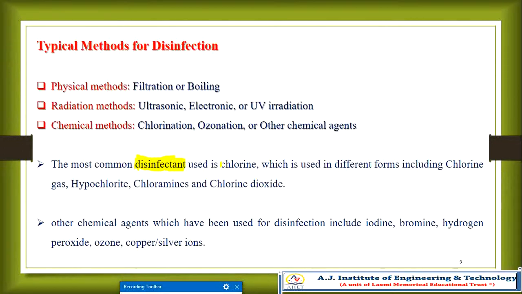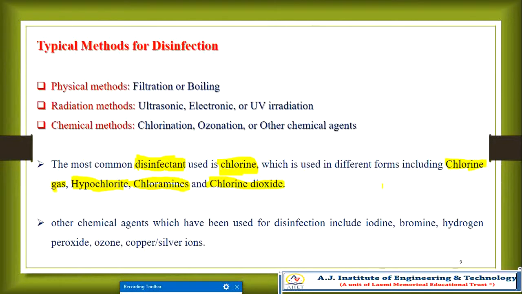The most common disinfectant in the Indian scenario is chlorine, which is used in different forms.